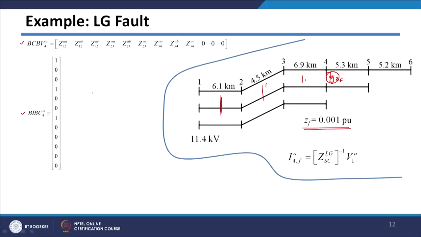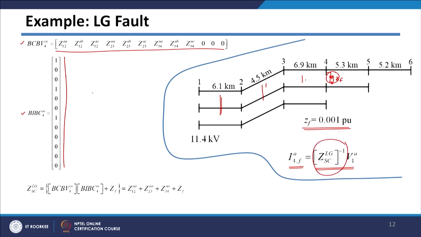That particular row of the BCBV matrix I have taken here, and the column of the BIBC matrix I have taken here, and we have seen that the fault current of bus 4 on phase A is given by this particular expression here, and the fault impedance matrix is given by this particular expression, where this is the BCBV of the 4th bus corresponding to A phase, and the BIBC matrix corresponding to bus number 4 and A phase, and this is ZF.